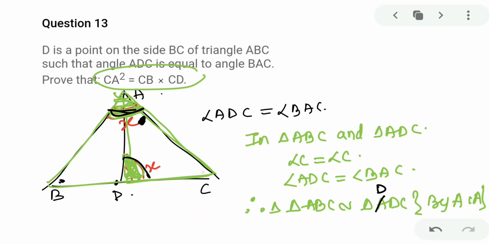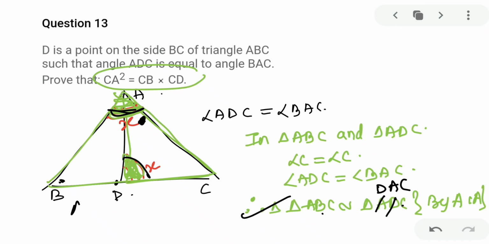And your last C is common in both, so C is in the proper place. This is okay. So here you have to write DAC. Correct with this? Shall we go with this? ABC and DAC. I think this is the proper naming. Let's go for this.